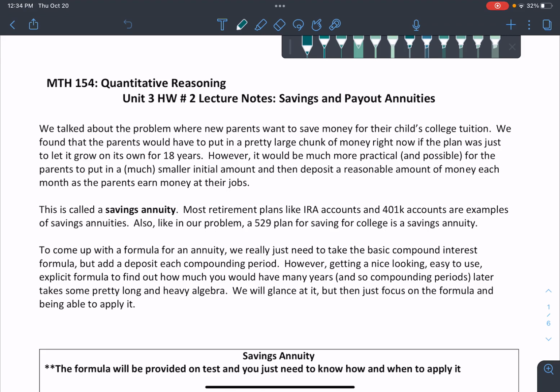So last video, the conversation was about simple and compound interest, which was basically a sum of money that you were either borrowing or saving for, and that interest was either being applied one time or compounded.